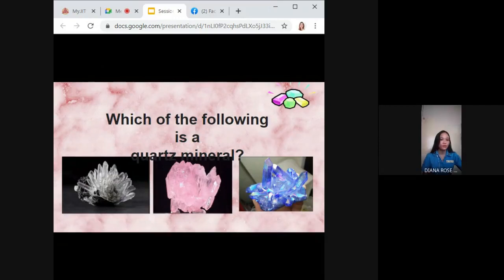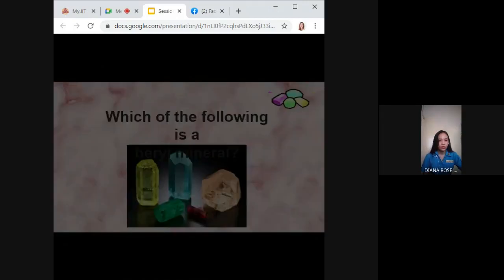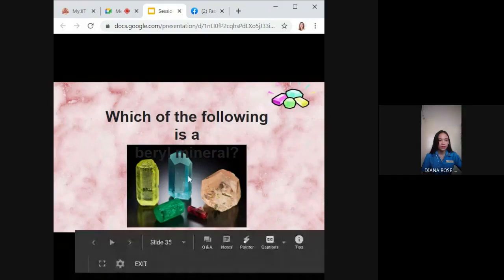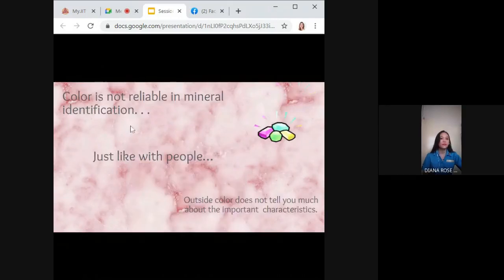This is a proof that color cannot be a reliable trait in identifying minerals. We also have here the beryl mineral, which also has different colors but is the same mineral. So in conclusion, color is not reliable in mineral identification. Just like with people, outside color does not tell you much about the important characteristics.